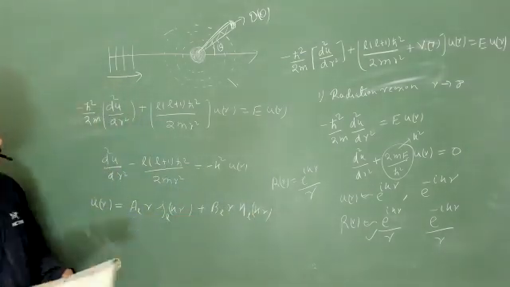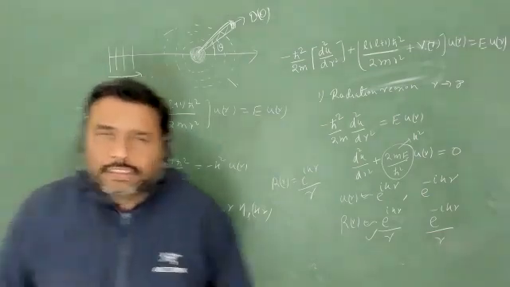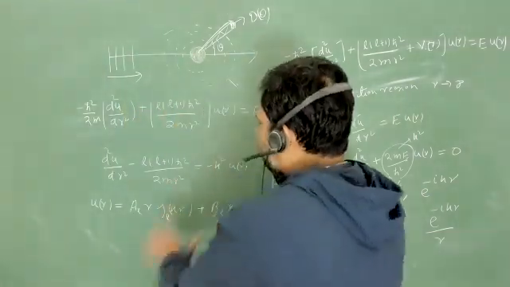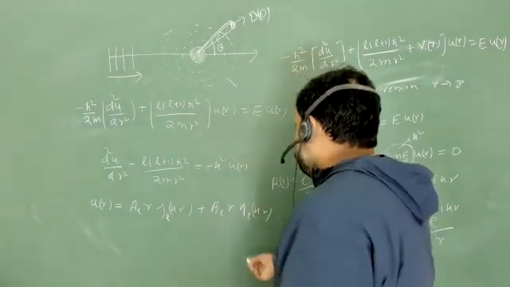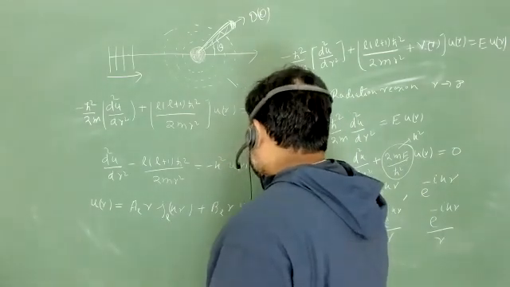This JL and NL are identified as Bessel functions. One can be represented as sine and another can be represented as cos. So this is the solution in the intermediate region.